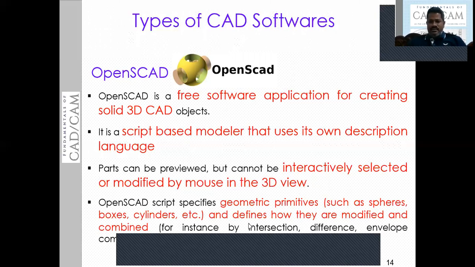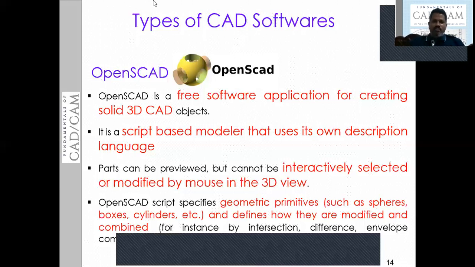Like in the library, as you can see, primitives like spheres, boxes, cylinders, and wedges can all be stored at one place. Suppose you want a cylindrical hole, we pick up a cylinder from that, and it will be subtracted from the raw component to create a cylindrical hole. Like that, we create the features on the raw component or the workpiece or an object.